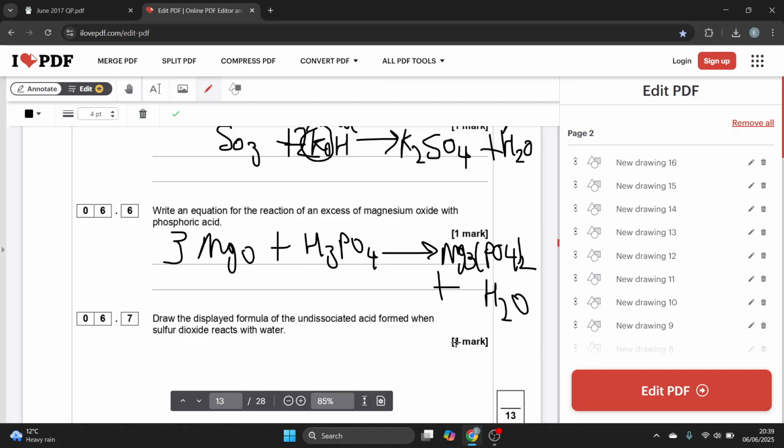Now you need to really think what my balanced equation's going to be. It's going to be a 3 here and a 2 here: 3 MgO plus 2 H3PO4 gives Mg3(PO4)2 plus 3 H2O.